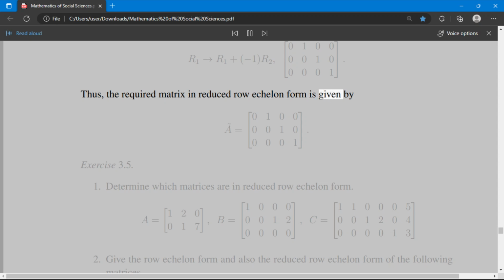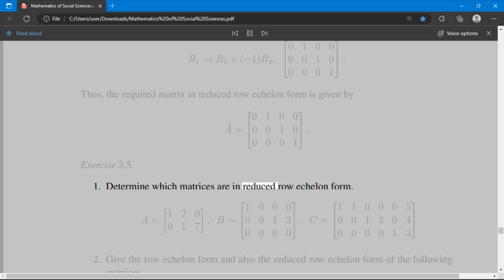Thus, the required matrix in reduced row echelon form is given by A equals 010000100001.